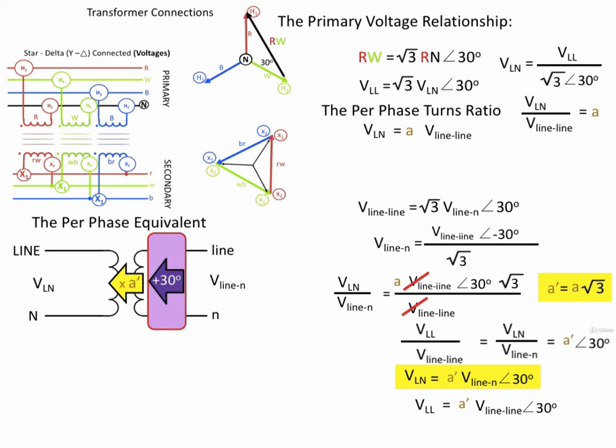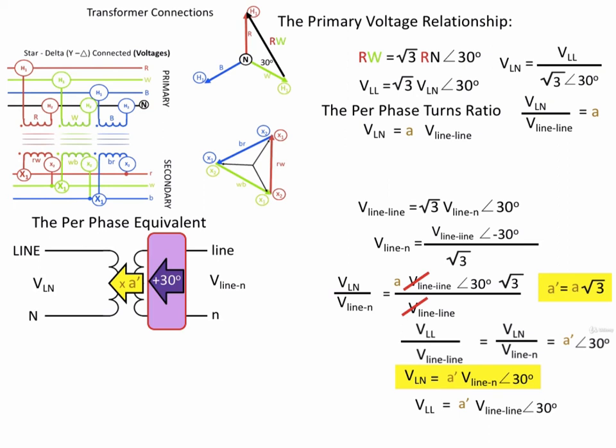So our single phase equivalent circuit would look like what we have there on the left-hand side of the slide. And the primary line to neutral voltage is equal to A primed times the line to neutral secondary voltage, but it's leading it by 30 degrees.